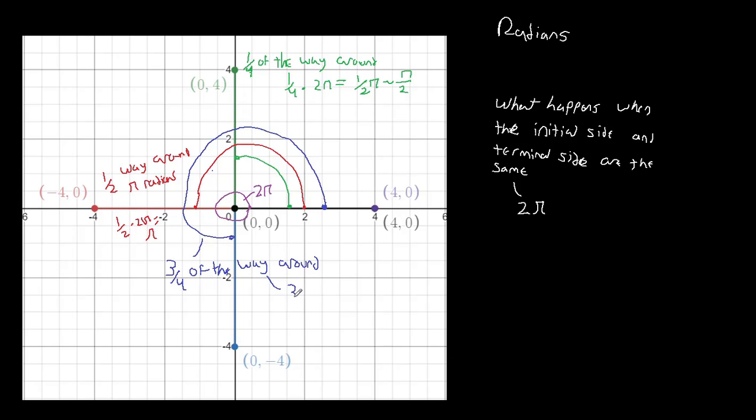So what does this mean? Well, this is 3/4 times 2 pi. If we do the multiplication, this would be the same as saying 3 pi over 2 radians. So hopefully that makes sense.